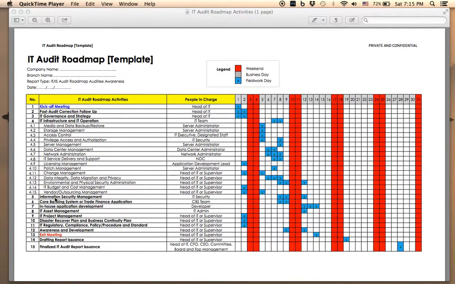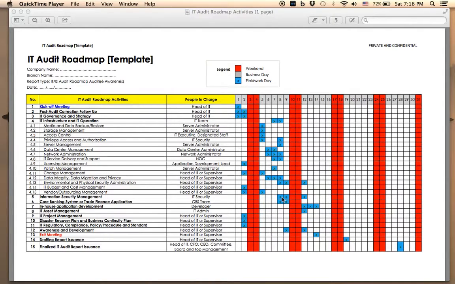So the next is information security management. This is very important, and the auditor will walk through and verify to confirm what areas relate to the IT security aspect, and engage the IT security team to provide the supporting documents during the audit fieldwork.